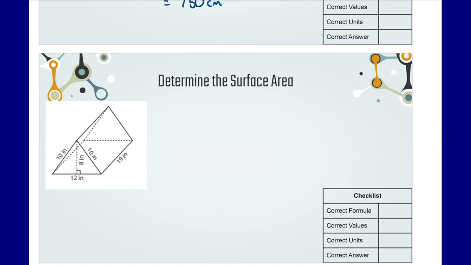So the formula for the triangle-based prism is a little bit complicated. The surface area is equal to B times L plus A times H plus B times H plus C times H. Based on the formula sheet, you'll be able to see where these values are going. I'll label it on our triangle so you see where I'm placing these values.